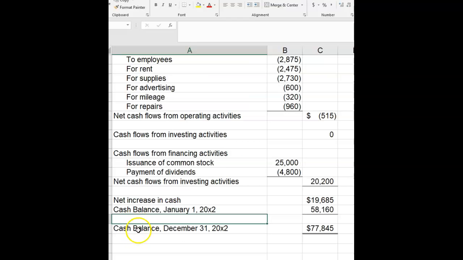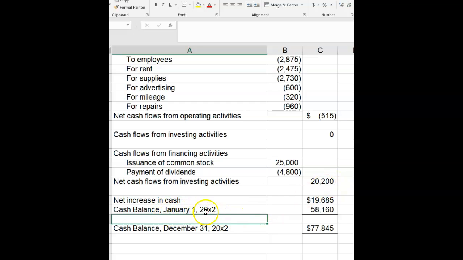So you should have calculated a cash balance December 31st, 20x2 of $77,845. That number was calculated as follows. The net increase in cash from all three activities was $19,685. That's negative $515 plus 0 plus $2,200.